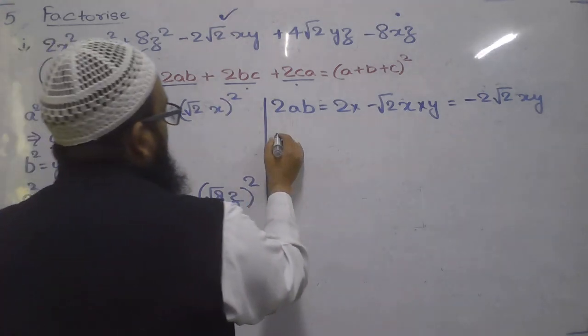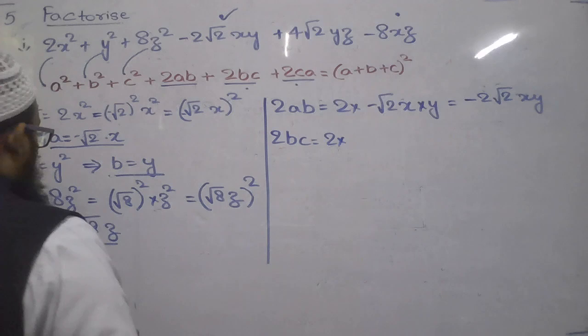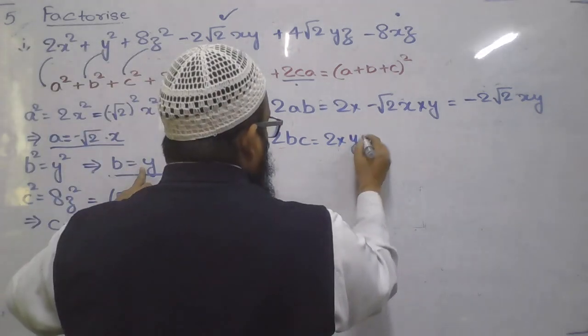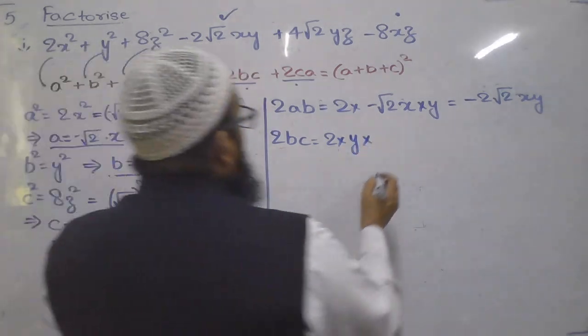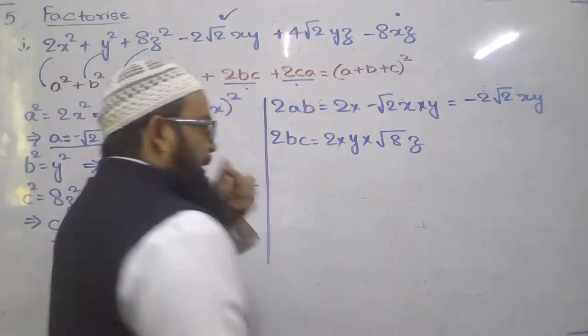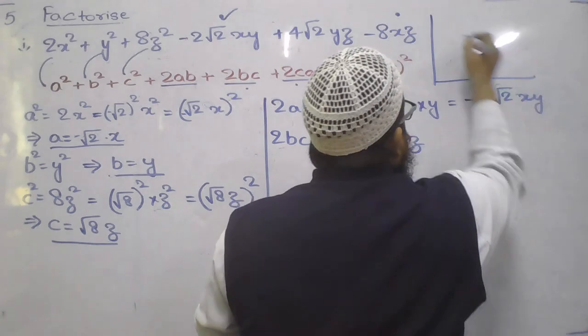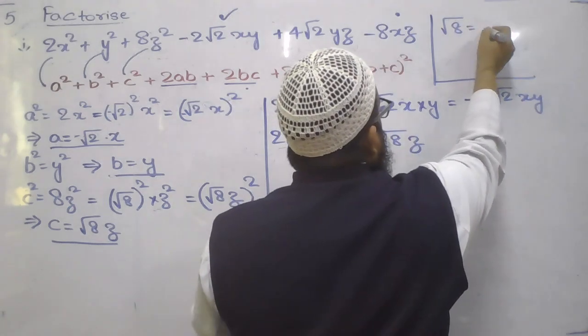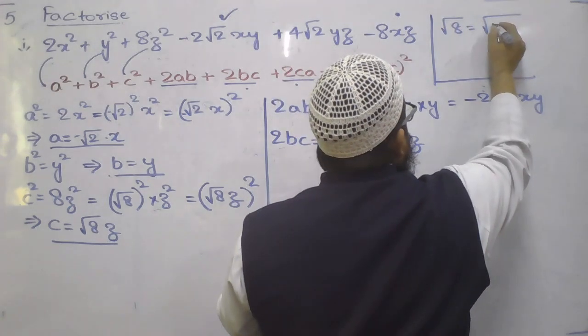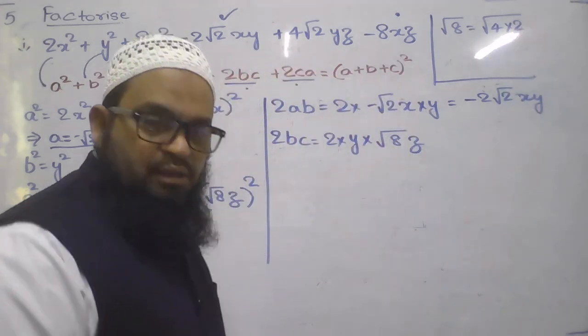And now let us see 2BC. 2 times, what is B? B is Y. And what is C? Root 8Z. Is that right? See, here I'll tell you in rough. So, what is root 8? Can I write root 8 as root 4 into 2? 4 2s are 8. Yes.